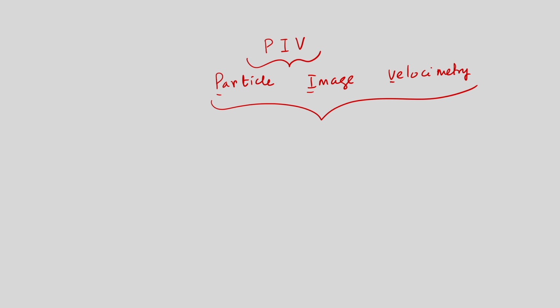From the name itself, at least we can understand that this technique relies on the seeding of a few particles. That means we need to insert a few particles in the flow domain, maybe a boundary layer flow, or a flow in a confined domain.